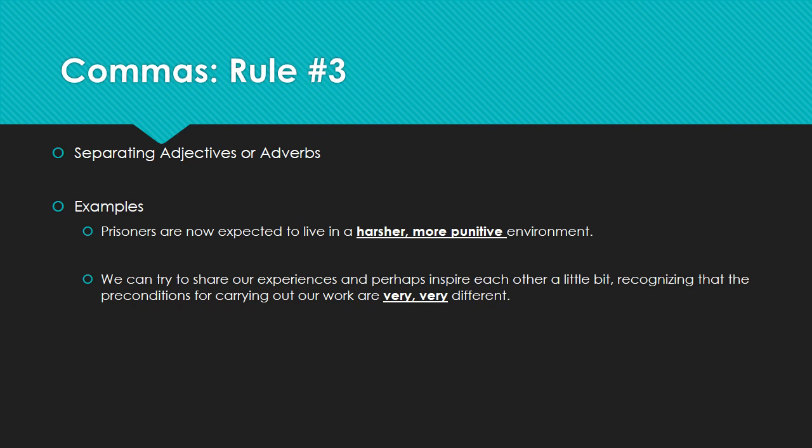In this sentence, harsher and punitive are adjectives, while more functions as an adverb. We do not need a comma between more and punitive because more modifies punitive. Take a minute to read through the final example sentence, again paying attention to the use of adverbs, adjectives, and commas.